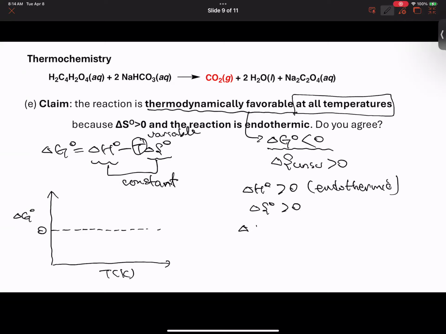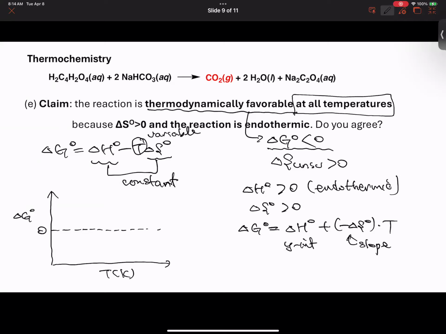Here, let me write delta G as a function of temperature. Delta H is the y-intercept, plus negative delta S times T; let me rearrange it. So negative delta S is the slope.